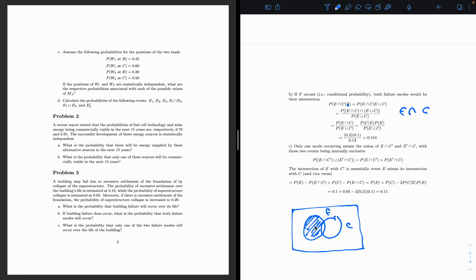So it's probability of E minus the probability of their intersection. That's the first term here, and then the second term we can do the same thing. So we know everything, put in the numbers, and we get a probability of 11%. And that's it for homework 1.